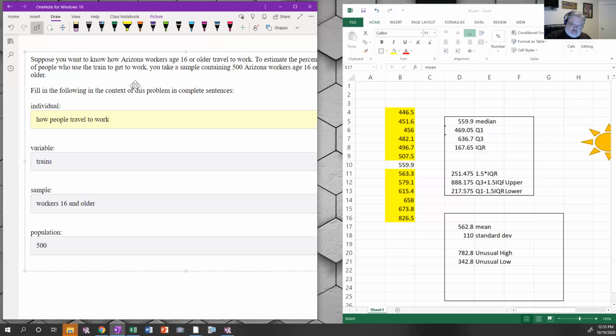Fair? So that individual's got to be fairly specific. When you're talking about the ones for flus, your individual was a particular person who got the flu vaccine, or for the tests, a particular student, or even better, a particular student exam.